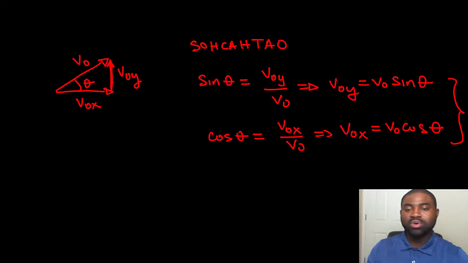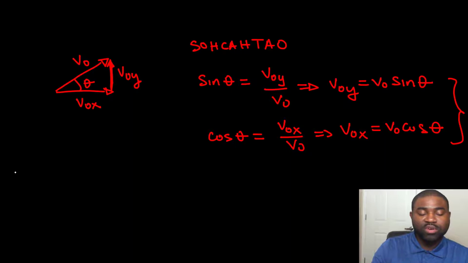Now, we have to write down the equations for the horizontal motion and the equations for the vertical motion. Generally, we know that v is equal to v0 plus at.